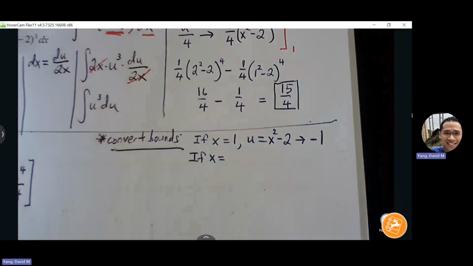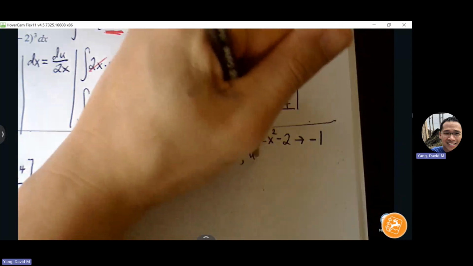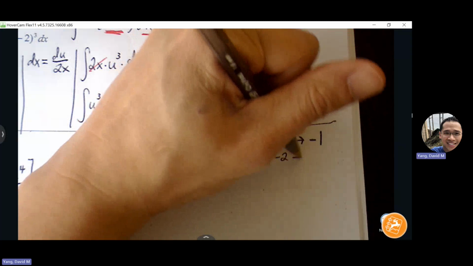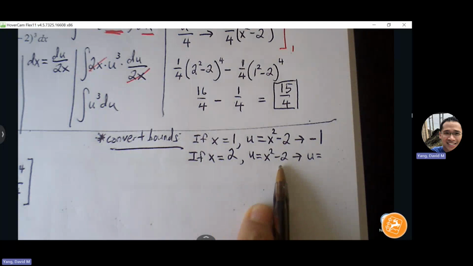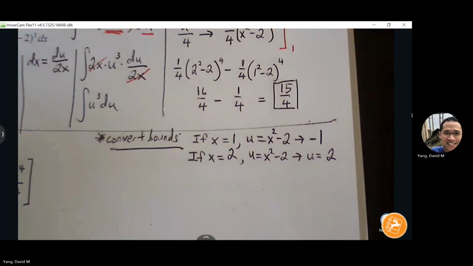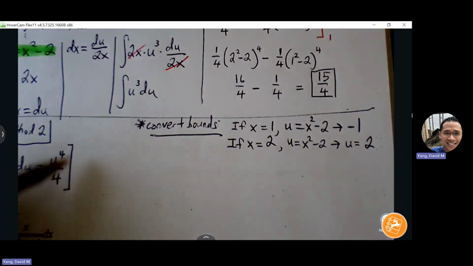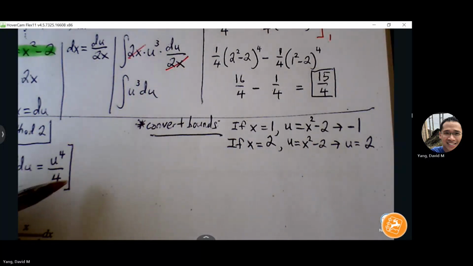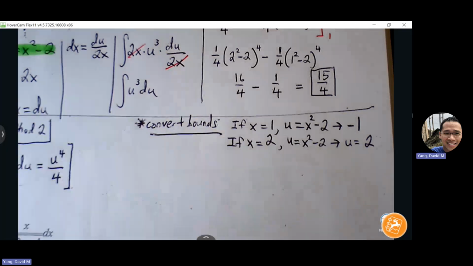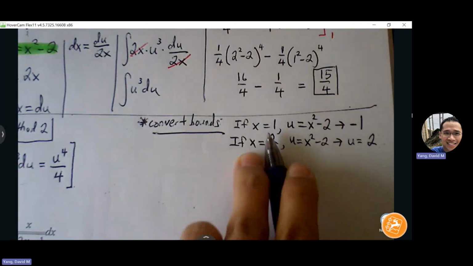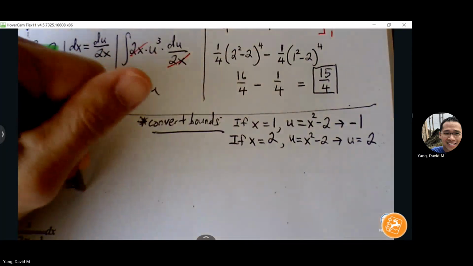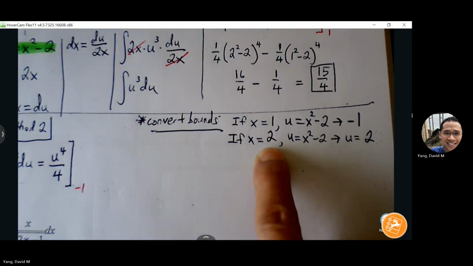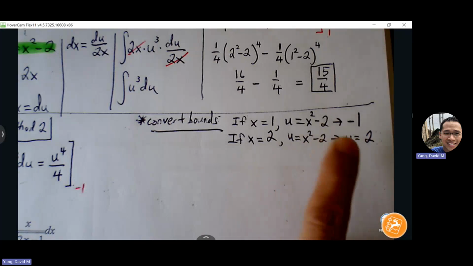If x is equal to 2, which is my original upper bound, then to get it in terms of u, x squared minus 2, u equals what? 4 minus 2 is 2. So instead of using 1 and 2, which are in terms of x, we're going to use negative 1 and 2, because the lower bound got converted to a u value and the upper bound got converted to its u value.